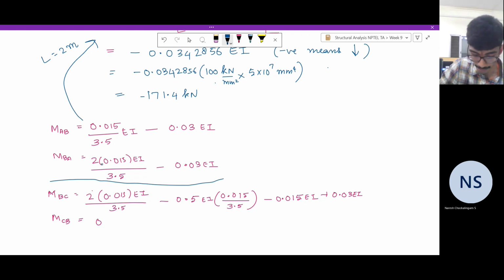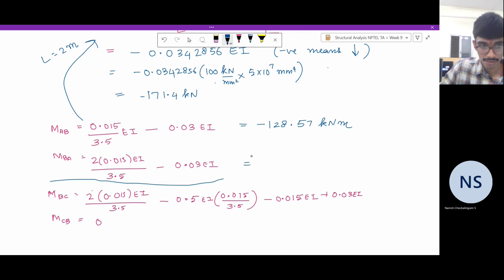This turns out to be 0.015 by 3.5. So MAB is equal to minus 128.57 kilonewton meter.